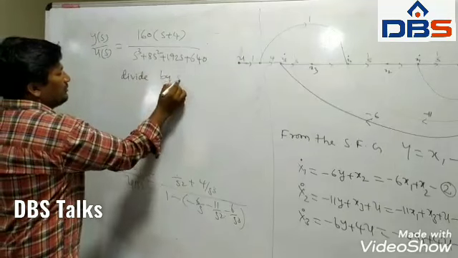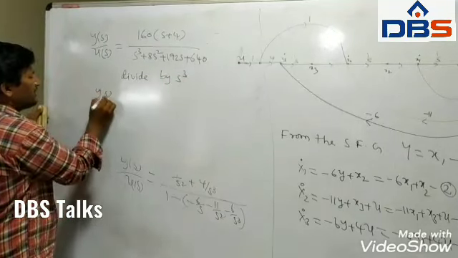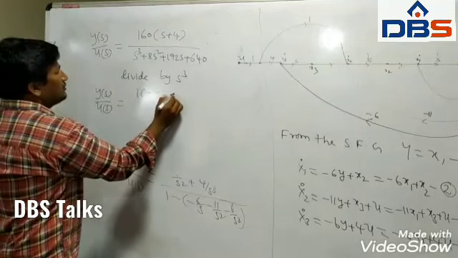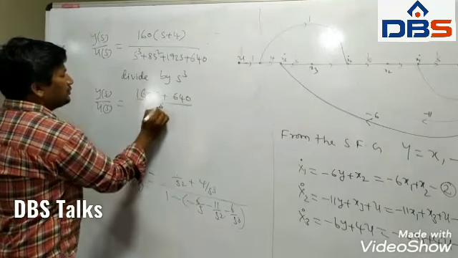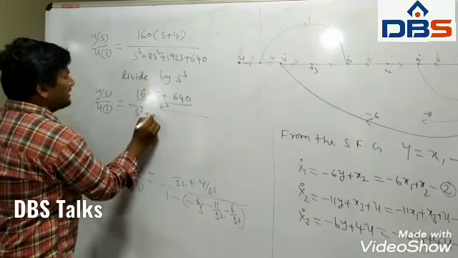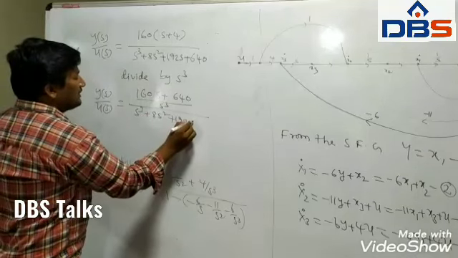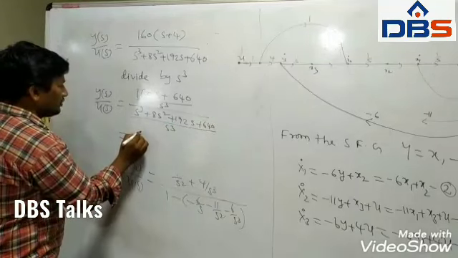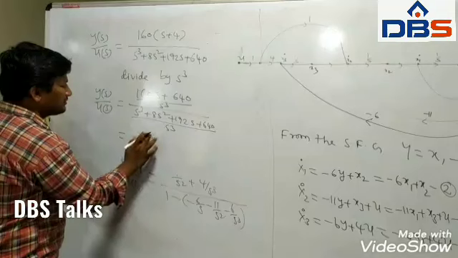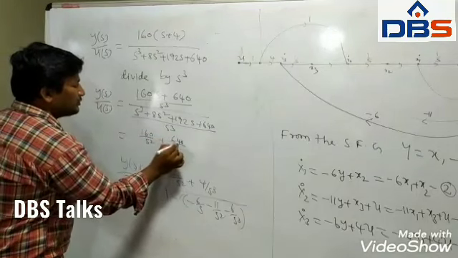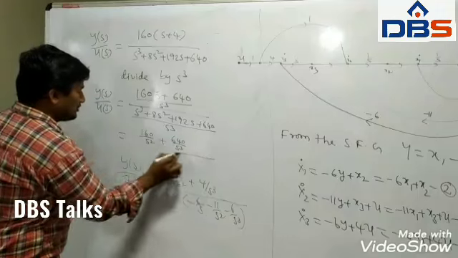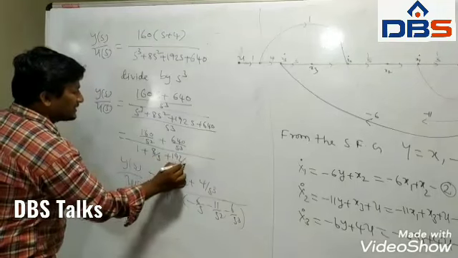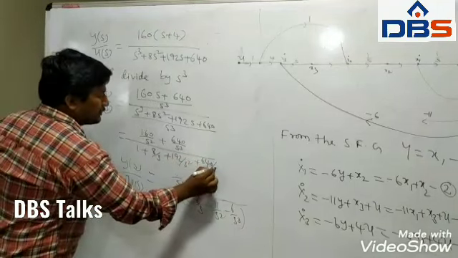Divide by s cube. So y of s by u of s is equal to 160s plus 640 divided by s cube, and s cube plus 8s square plus 192s plus 640 divided by s cube. So the value is 160 by s square plus 640 by s cube, divided by 1 plus 8 by s plus 192 by s square plus 640 by s cube.